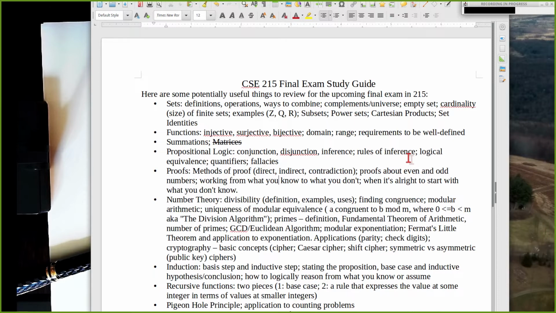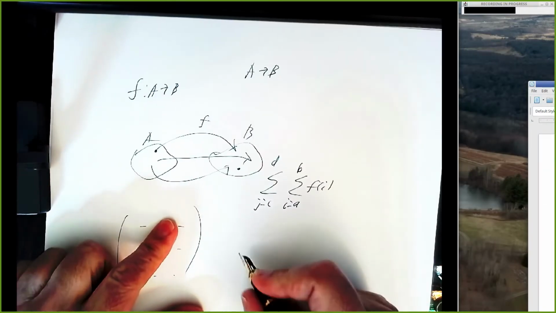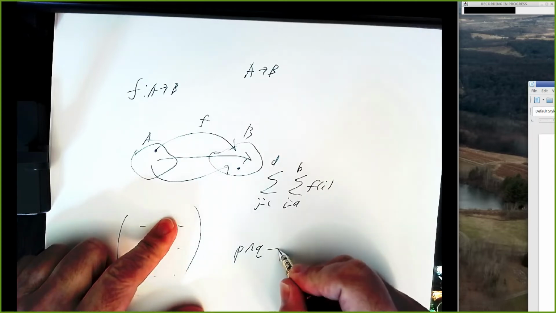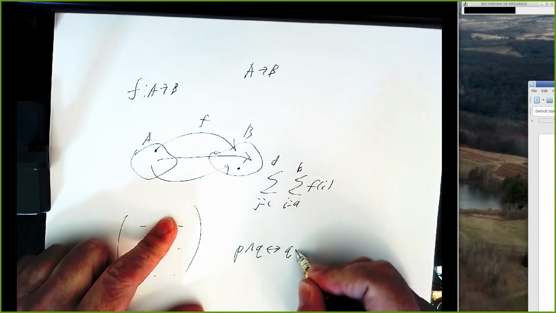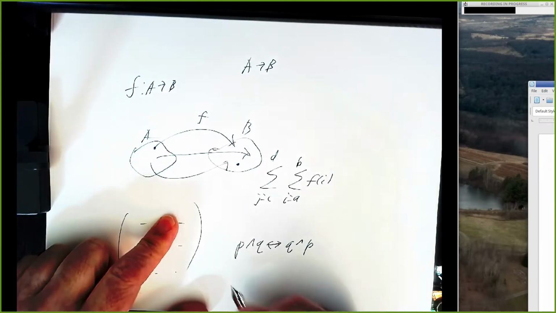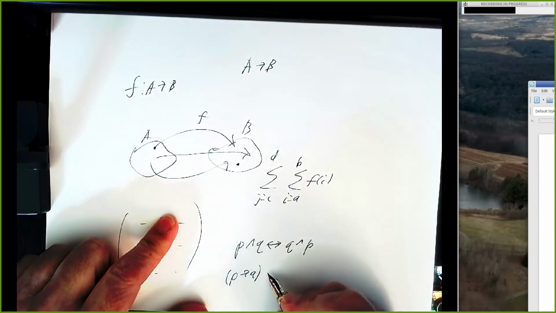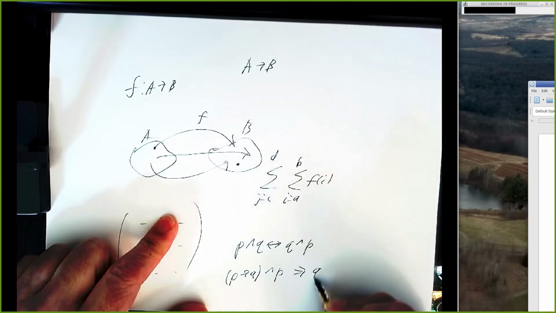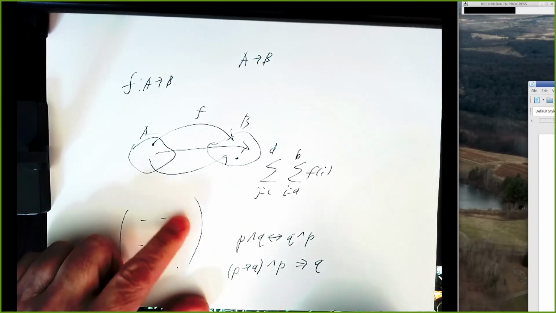Rules of inference and logical equivalences. So page 58 and 59, or 57 and 58 from the text. Go through those. Anything that you're not familiar with, make sure you put those on your note sheet. Or, if you got the page budget, just print out those pages. And so these are things like, P and Q is equivalent to Q and P. Or P implies Q and P implies Q. This is called detachment.